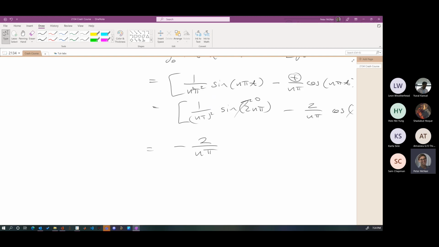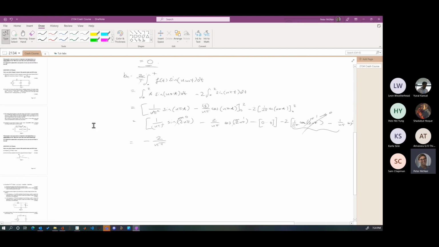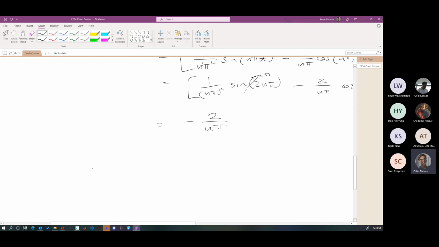So coming back to the question, all we want to do is write out f of t to the first harmonic. So f of t is equal to a naught plus b1 sine of 1 omega naught t plus, and we don't really care. So a naught, we know it was minus 1. b1 is just going to be minus 2 on pi because n equals 1.